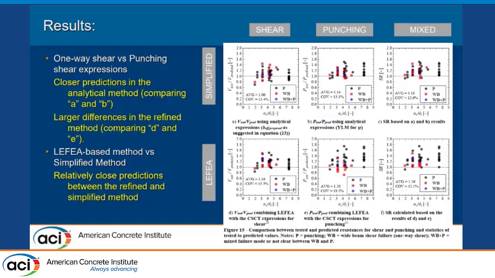In the case of the refined method, figures D and E, we can see that the predictions are also interesting in terms of the average ratio, between 1.1 and 1.2, with a coefficient of variation lower than 20%. But we can see that the scatter in the predictions with the punching shear expressions is still a little higher compared to the one-way shear method.